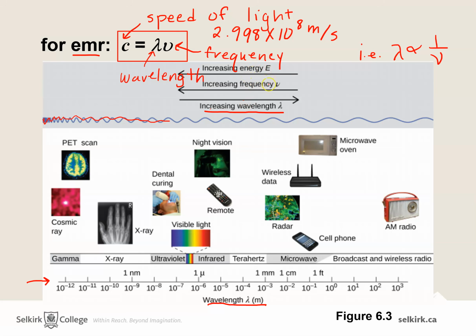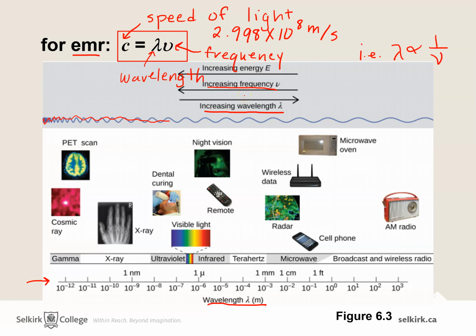Now, we've got frequency as well. And we saw from the equation at the top of the slide that frequency and wavelength are inversely proportional. So although wavelength increases to the right, frequency increases to the left. Or in other words, the frequency decreases as we go further to the right.